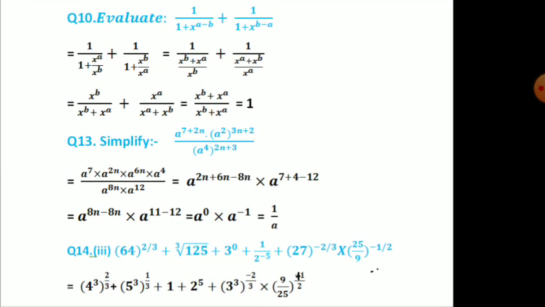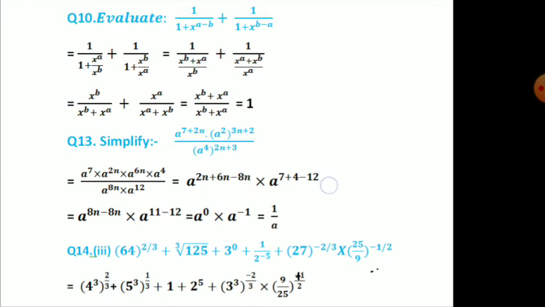So here first we will take all the n variables together and the numericals separately. So first we have written a to the power 2n plus 6n, and 8n is below in the denominator, that is in division form. So we have written it as minus 8n.